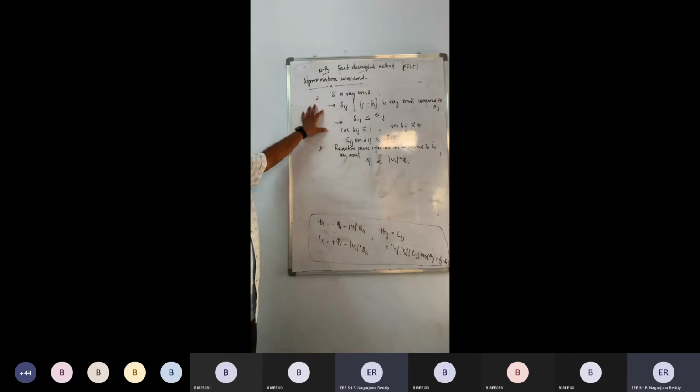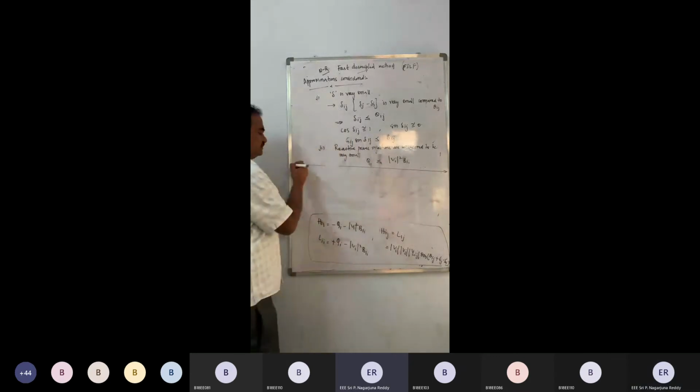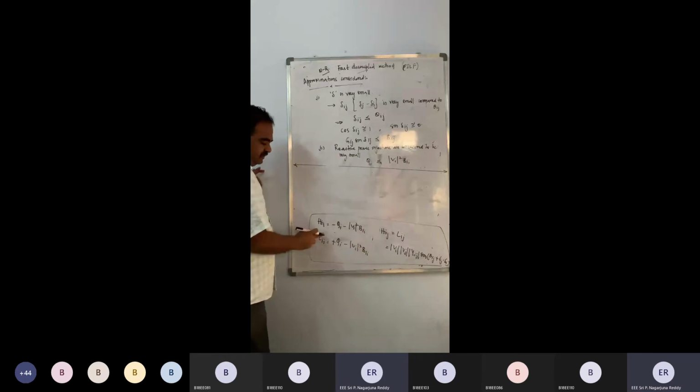These are the two approximations. We'll go with the second approximation first. If we consider it, what is the change in Hii and Lii?